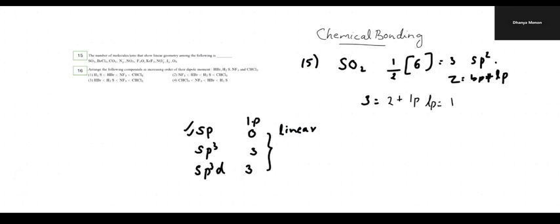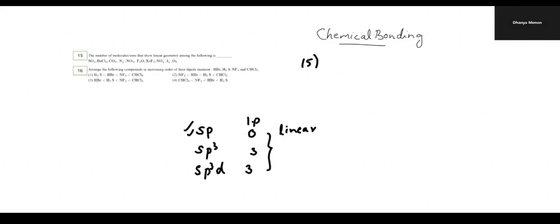So sulfur has 1 lone pair and 2 bonds. Okay, and it doesn't have a linear shape. In fact, it has a bent shape. So sulfur dioxide doesn't have a linear shape.